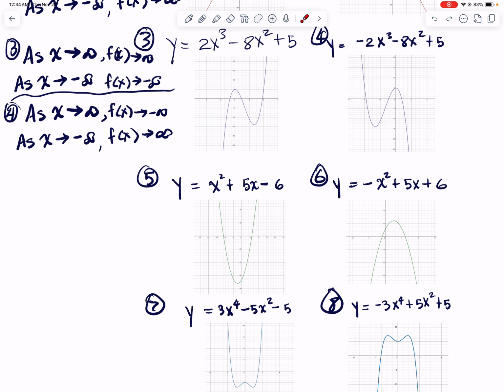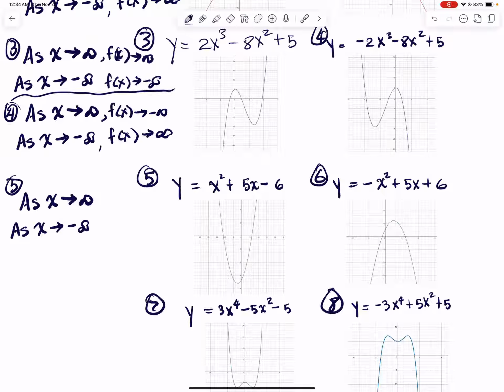So again, we always start with the same thing. So let's make sure we have that. What happens as x approaches positive infinity, and what happens as x approaches negative infinity. All right, so as x approaches positive infinity, f of x approaches, so for number 5, positive infinity, and f of x also approaches positive infinity.